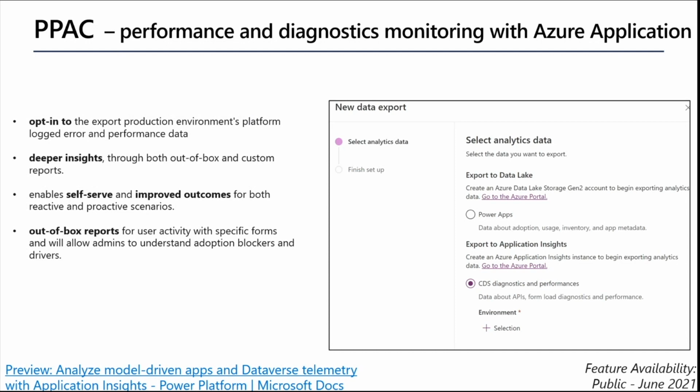So if you look at the reactive scenarios, when an incident is raised by the users, your support team can leverage Application Insights to quickly view the metrics based off the user ID, or gain insights into details like: is the issue specific to a single user or is it applicable to all the users?